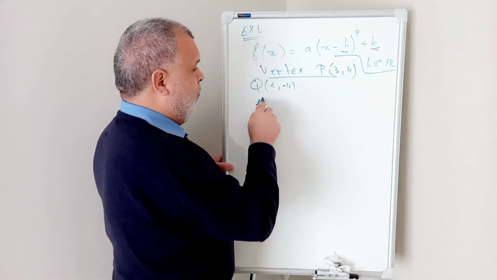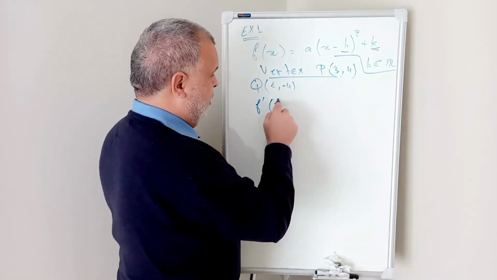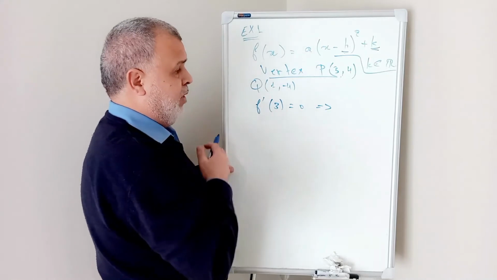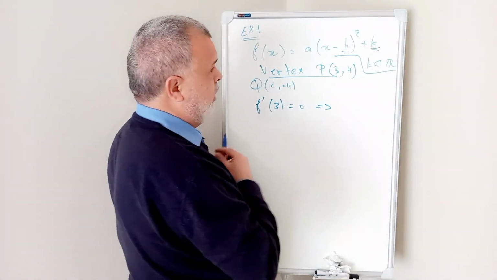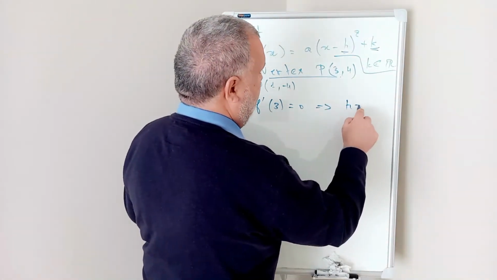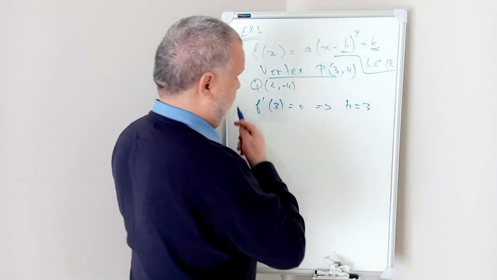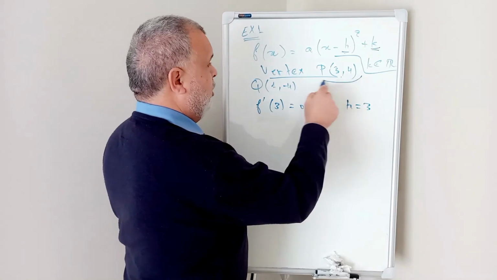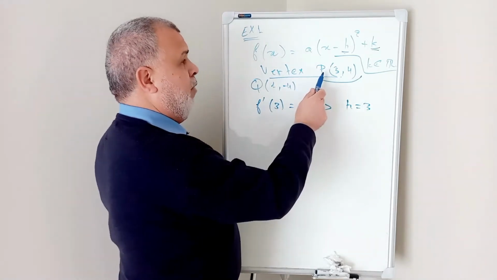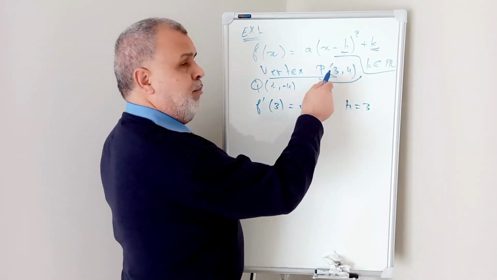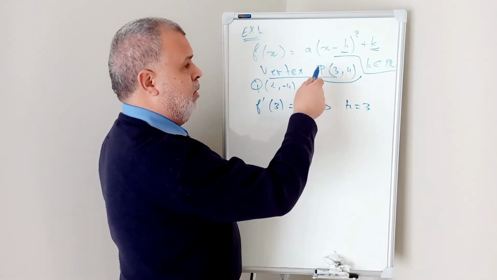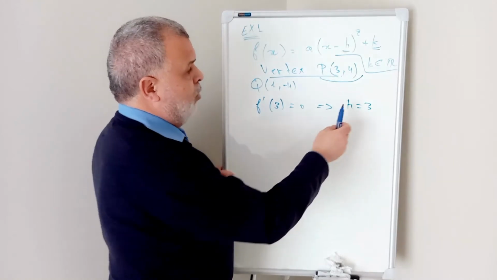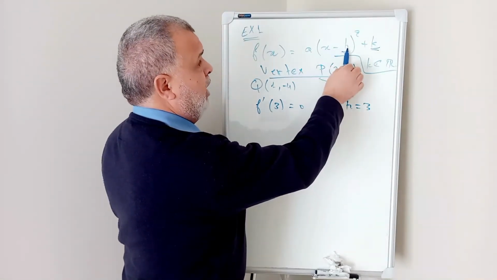This means that f dash of 3 is equal to 0, and this information gave me the value of h equal to 3. Then I used the second piece of information, that our graph passes through P of coordinates (3, 4), and 3 minus 3 is 0.